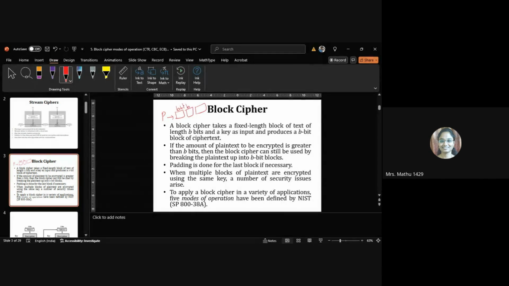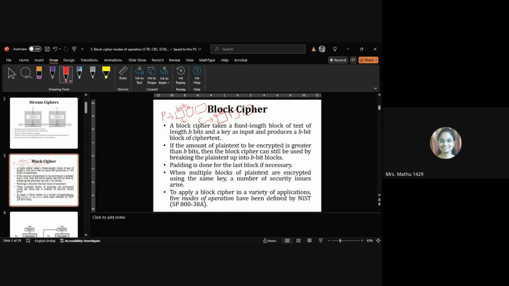We take a key as an input, and now this encryption model will produce the cipher text, which is also in blocks of the same b bits in size.